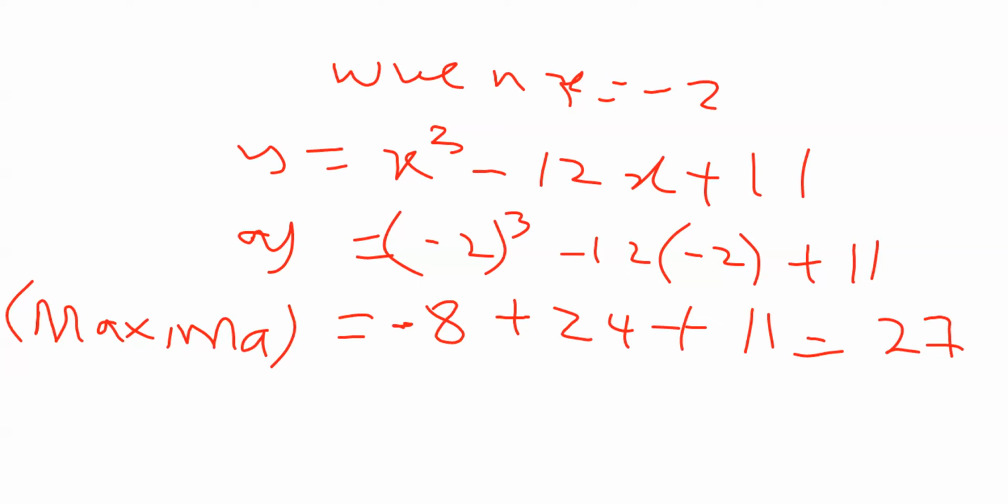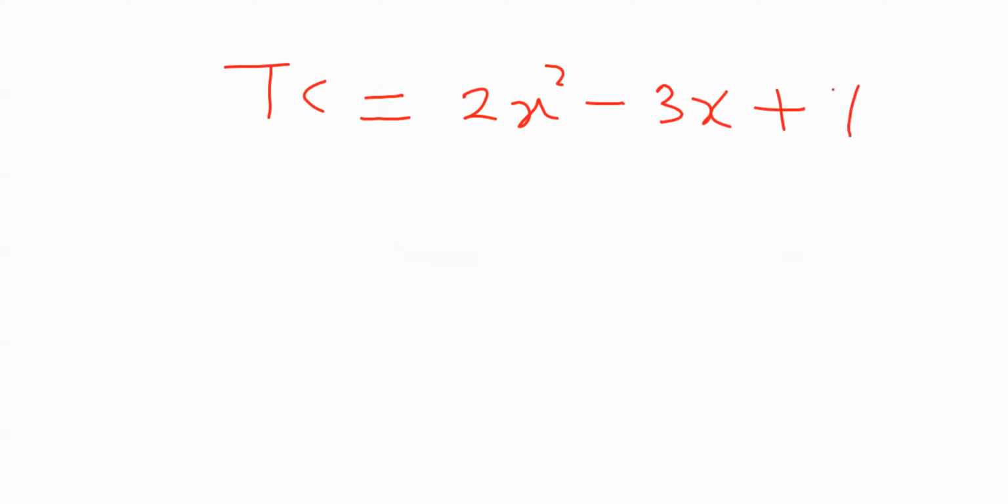So now that we have seen how to do that, I want to throw more light here so that when we have time to solve that one, we'll know what to do. This is called total cost. Let's say the total cost was 2x squared minus 3x plus maybe 11. Say x is a variable.